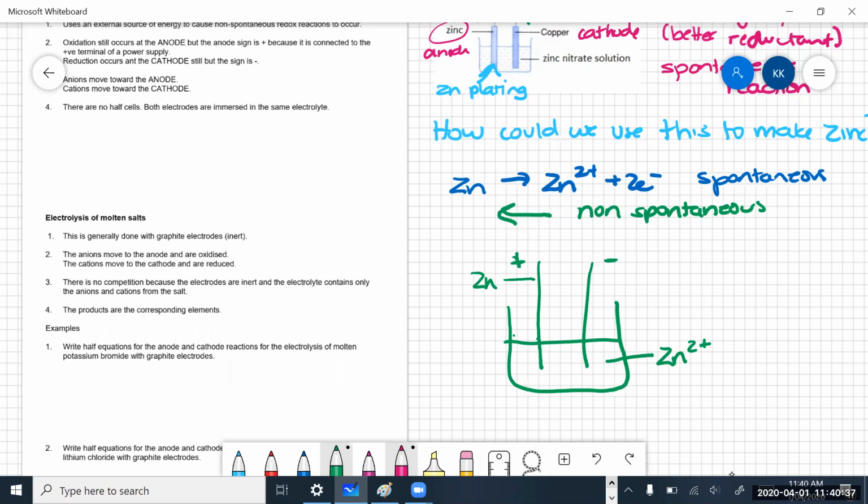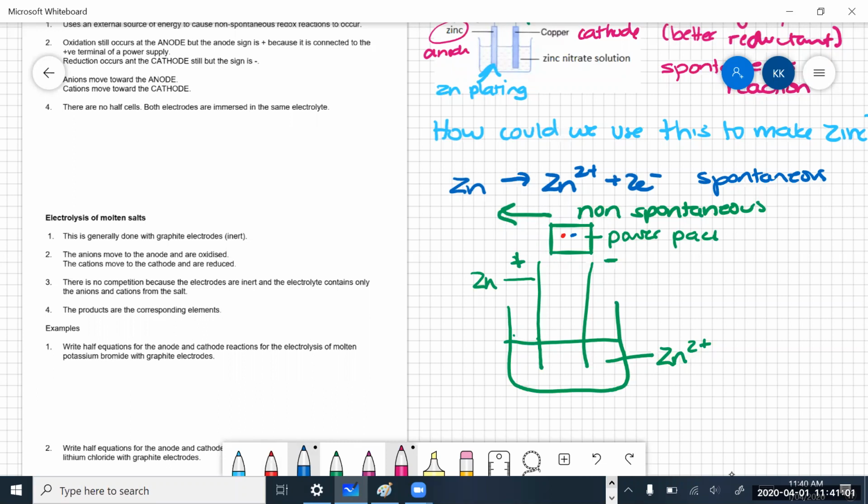But that's not the spontaneous way it is. So what we do here is we actually put our power pack in here. That's a power pack for those that didn't recognize it. And we've got our little red and black terminals. Oh, I have to use red and blue today, I haven't got a black.